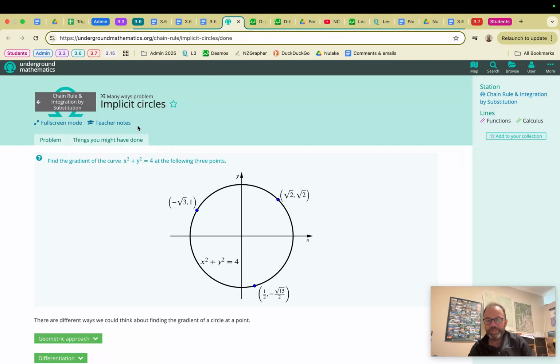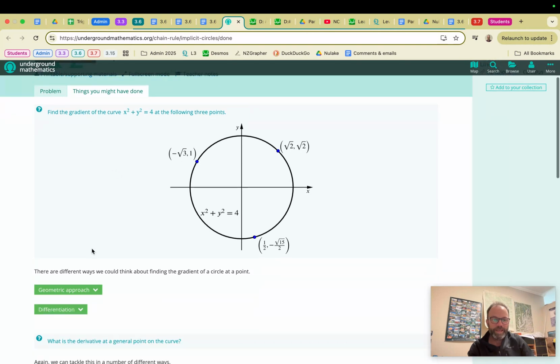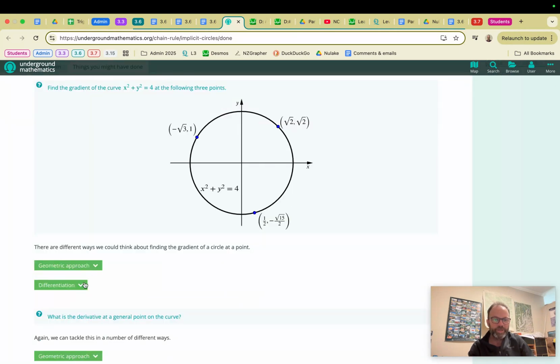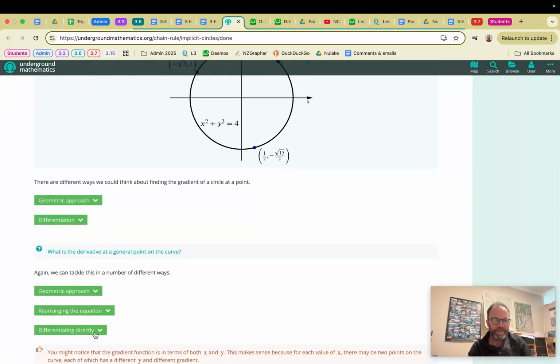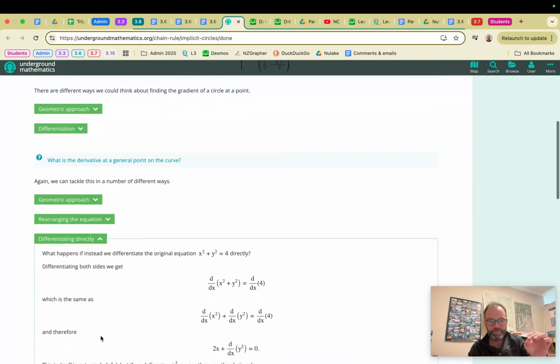And it's teacher's notes. So a circle, as you can see, is implicit. You could rearrange the circle, relatively straightforward. Put the x squared over there, square root both sides, and get plus and minus functions. Can you find the gradient at any point? What we've got here is a geometric differentiation, and the bottom one here is the implicit differentiation skill set.